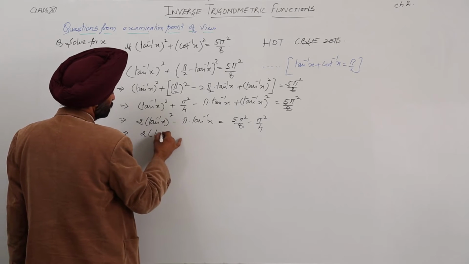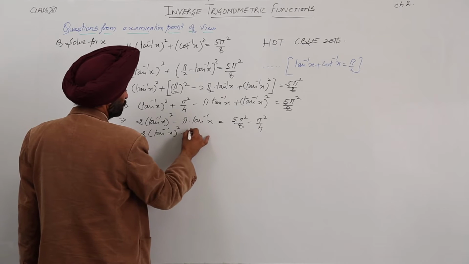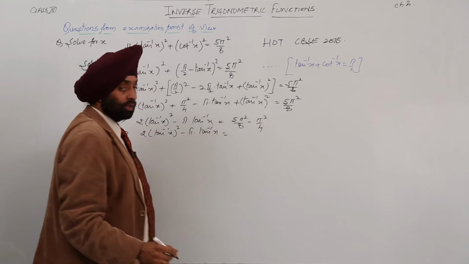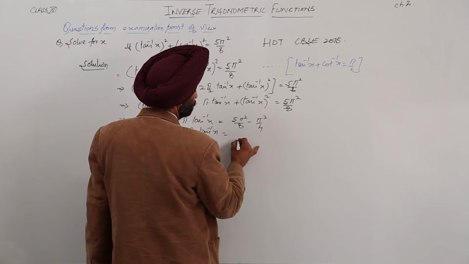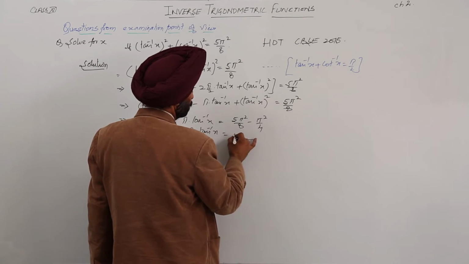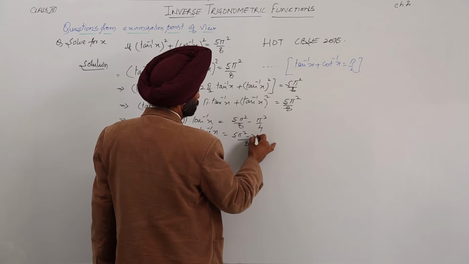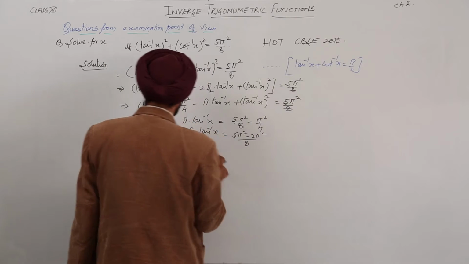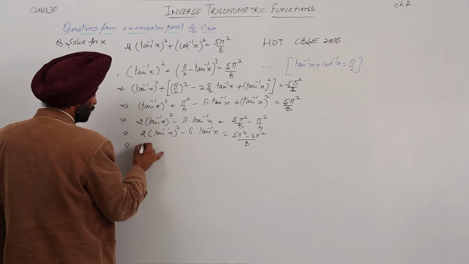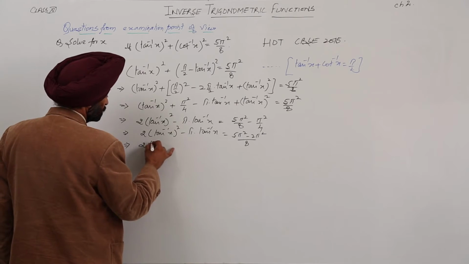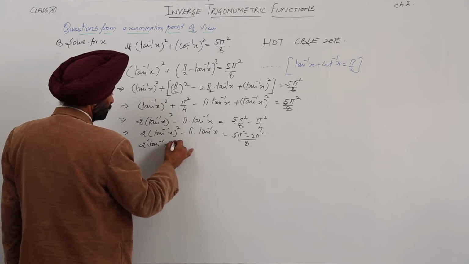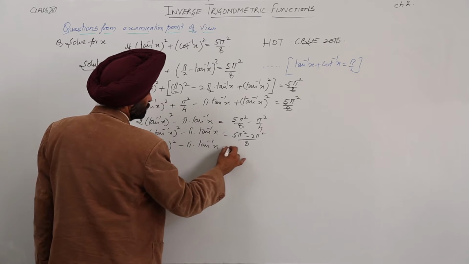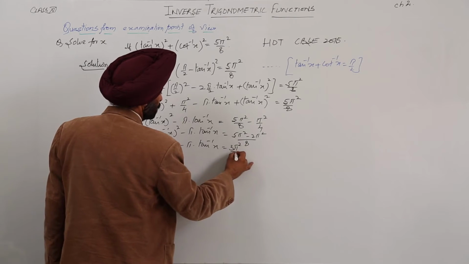So now this further becomes 2 (tan inverse x) whole square minus pi times tan inverse x is equal to, now what is the LCM here? LCM is 8. We are getting 5 pi square minus 2 pi square, so this part becomes 3 pi square by 8. 2 (tan inverse x) whole square minus pi times tan inverse x is equal to 3 pi square by 8.